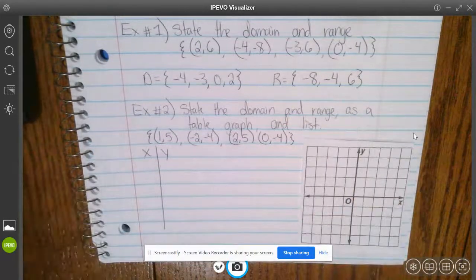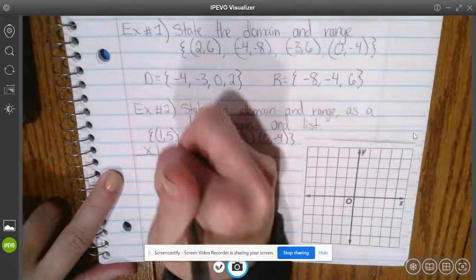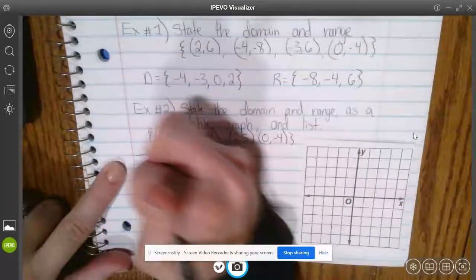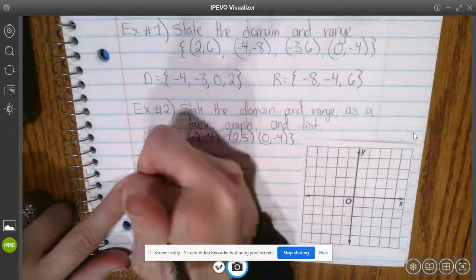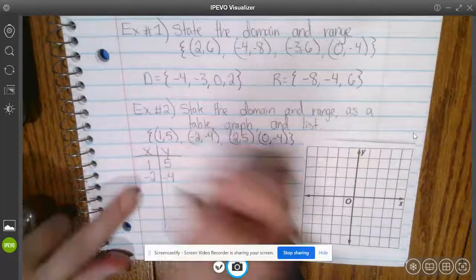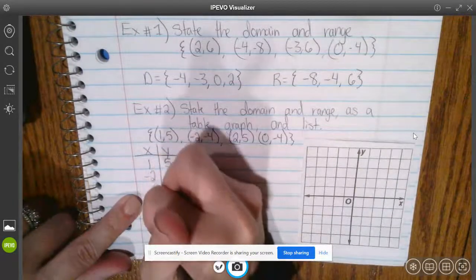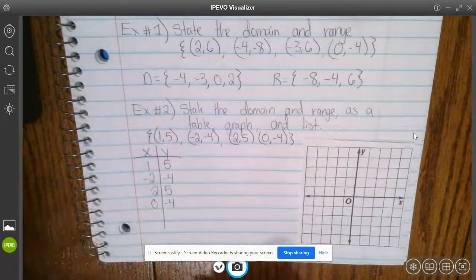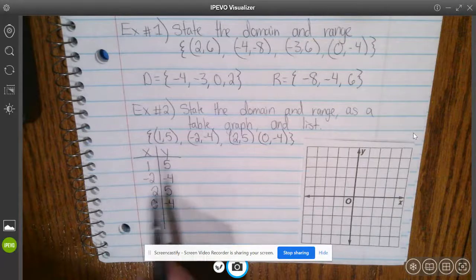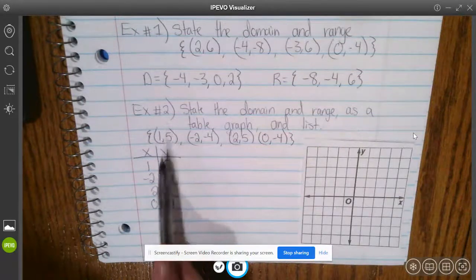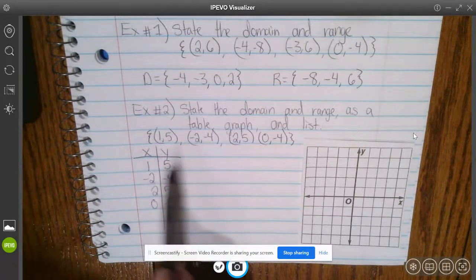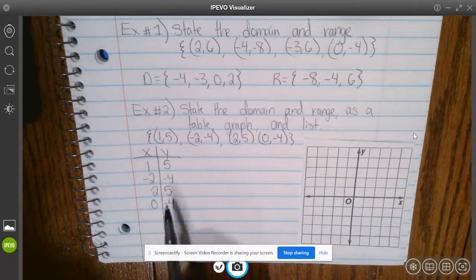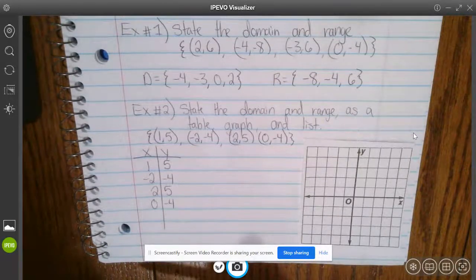We're just listing our points in an XY chart. So 1 here, 5 here, -2 here, -4 there, 2, 5, and then 0, -4. That's it as a table. I still have them side by side because they go with each other to make a point. The order doesn't really matter on a table.